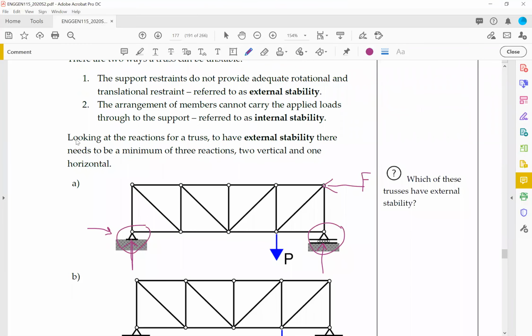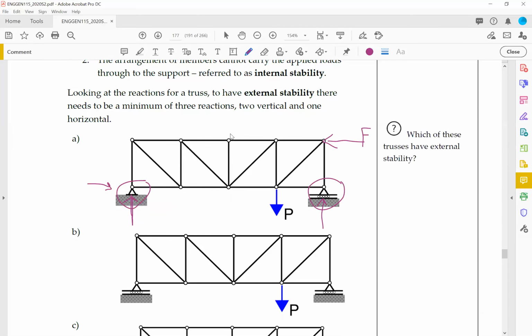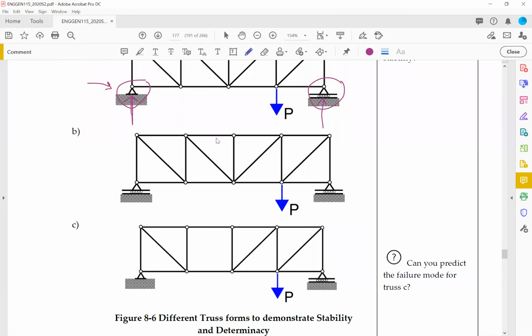The other one is internal stability. And internal stability is where the internal members, or the individual members or the system of members within the truss, provide the stability. So let's have a look at an example. This second figure here just demonstrates that we have two roller supports.